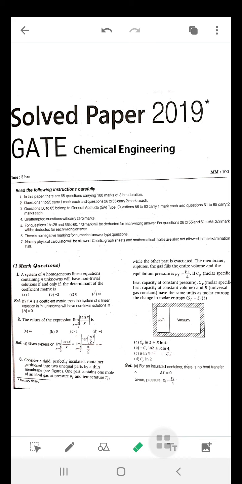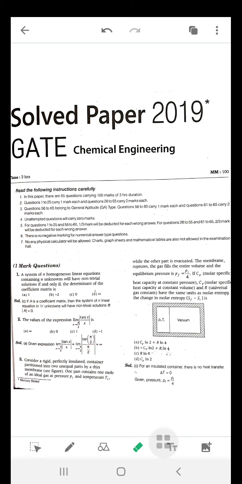The membrane is ruptured, the gas fills the entire volume, and the equilibrium pressure is Pf equal to Pi upon 4. If Cp, Cv and R have the same unit as molar entropy, the change in molar entropy is. So this is question number 3.